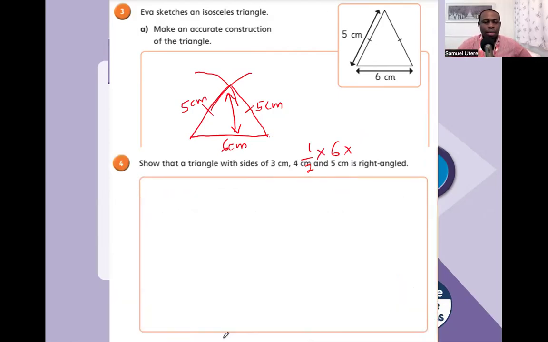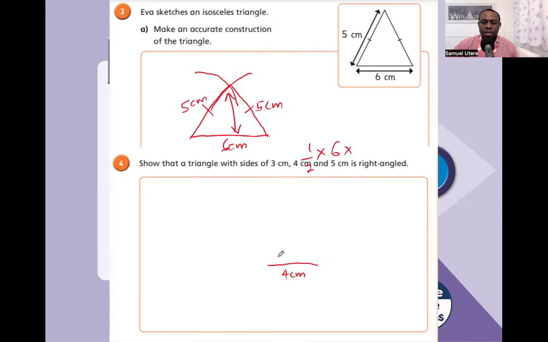For question 4, you were asked to show that a triangle with sides of 3 by 4 by 5 centimeter is right angled. So you'll do the same thing like we do the construction. My suggestion is first thing, draw the 4 centimeter side like that.